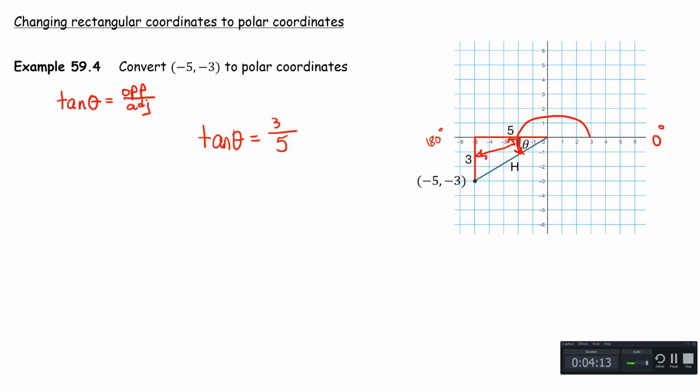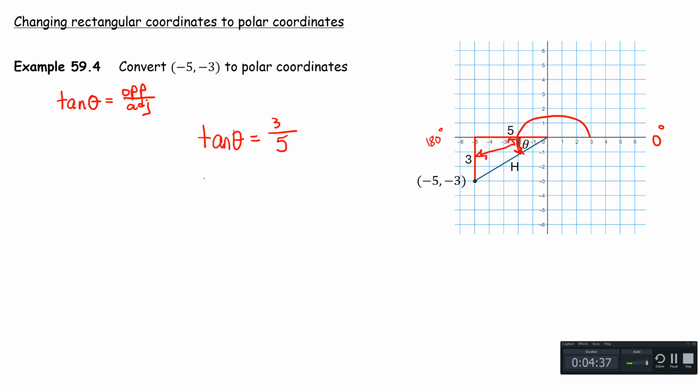Now, to find theta, I can't find the tangent of 3/5 to get theta because that's not what this equation says. The equation says that the tangent of theta is equal to 3/5. So I have the ratio. I don't have the angle. So I can't take the tangent of the angle if I don't know what the angle is.